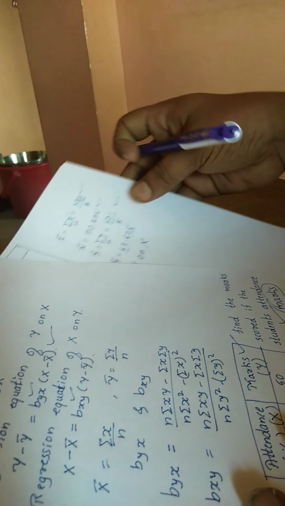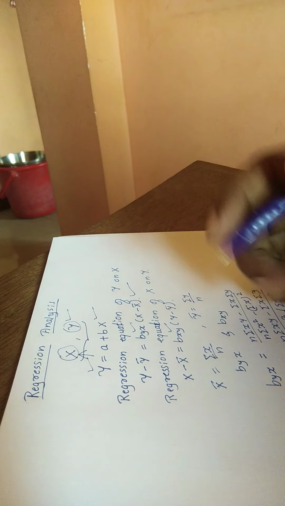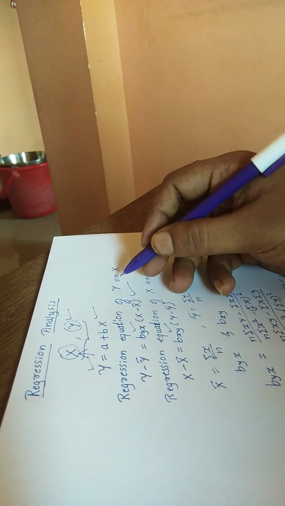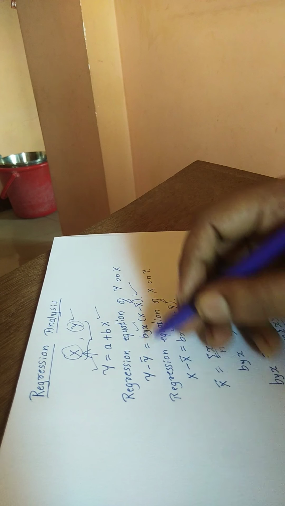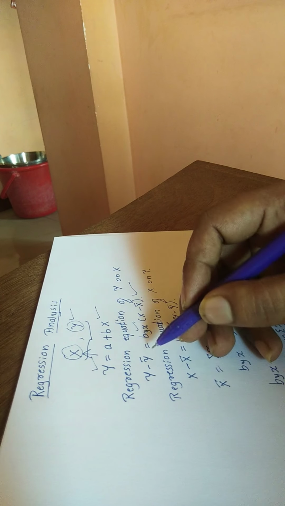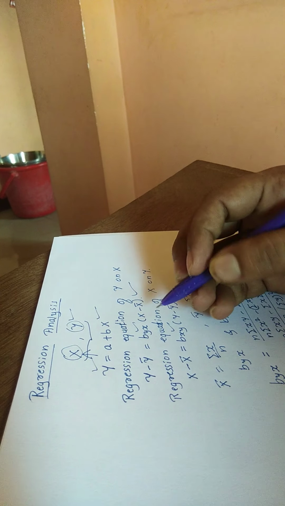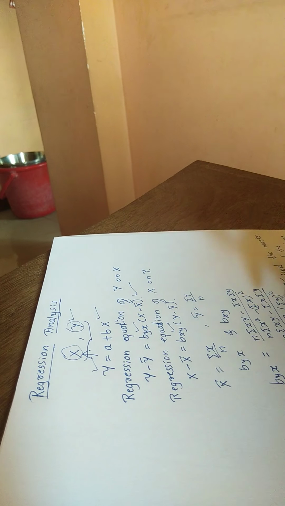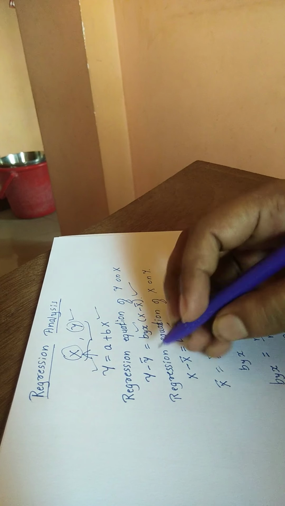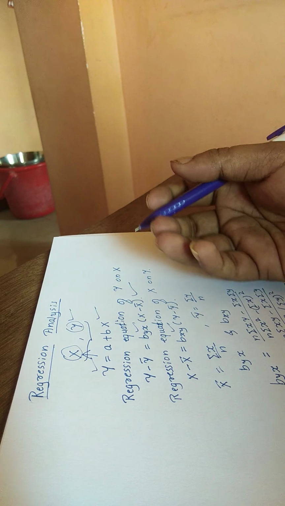Now let us go with the calculation. As we already discussed the formulae, for the regression equation of y on x, we require this: y minus y bar is equal to byx into x minus x bar. Here y and x are variables, and the remaining are taken as constants.